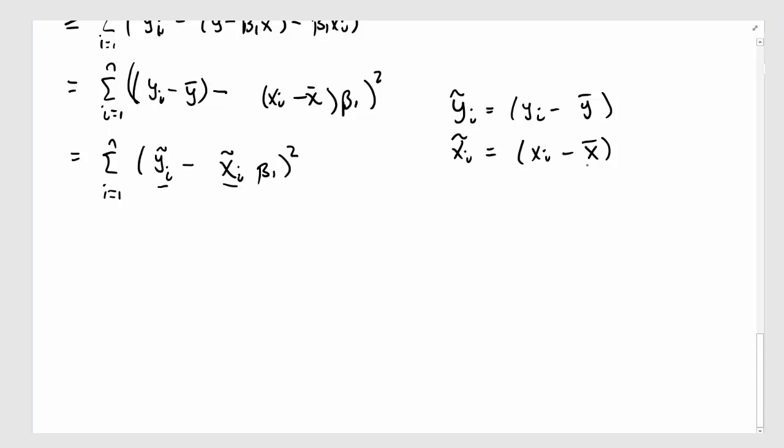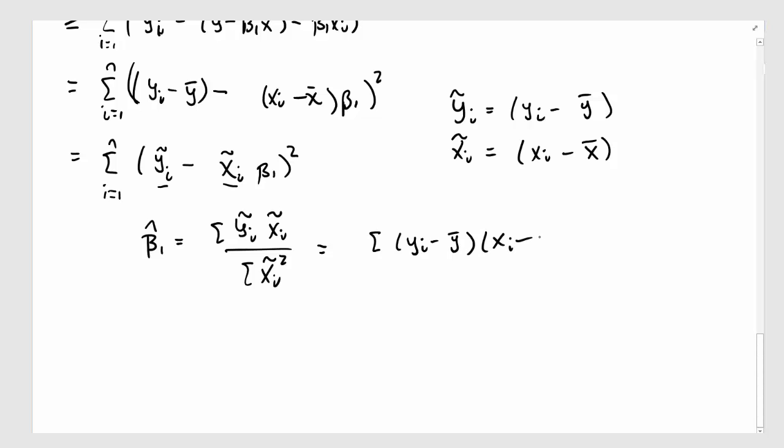Well, we know what the least squares estimate for this equation is. The beta 1 hat has to be summation of yi tilde times xi tilde divided by summation of xi tilde squared. Let's just plug in what yi tilde and xi tilde are. That's summation of yi minus y bar times xi minus x bar divided by summation of xi minus x bar squared.